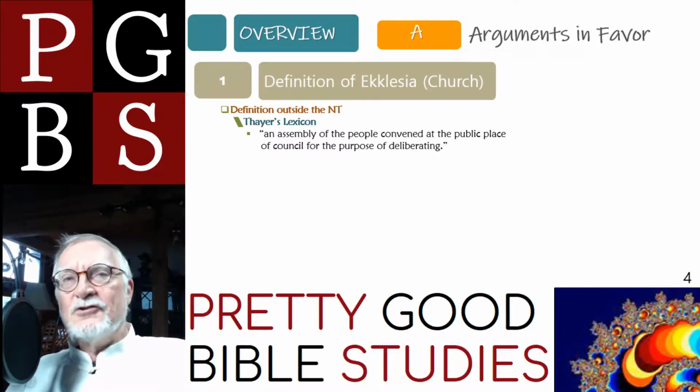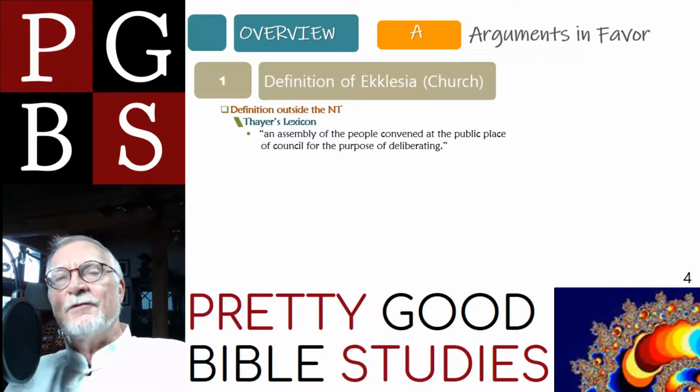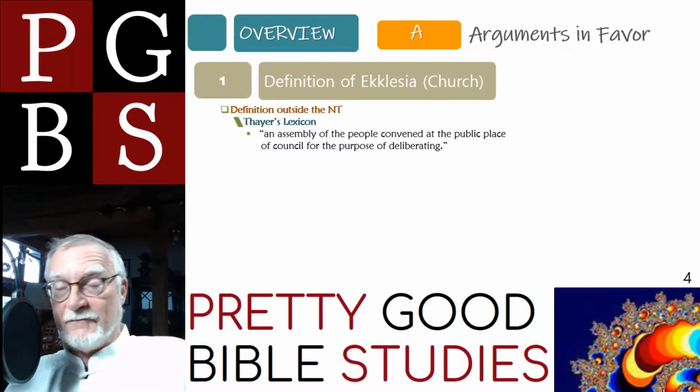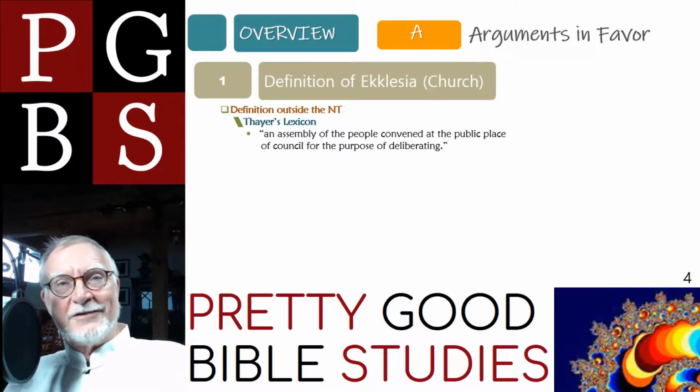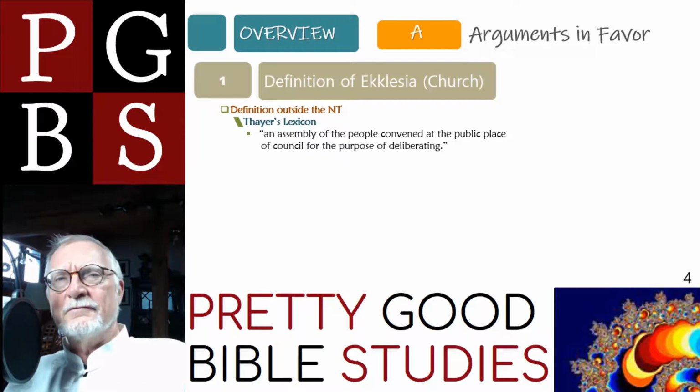The Greek word that's used for church in the New Testament has the connotation of a place of deliberation where decisions are made. Debate is taking place. Now, we think of the church as a place where you go get to hear a worship service if you're charismatic, or to go get a good teaching if you're reformed, or to witness to people if you're seeker sensitive. But the New Testament sees the church as a place of deliberation.